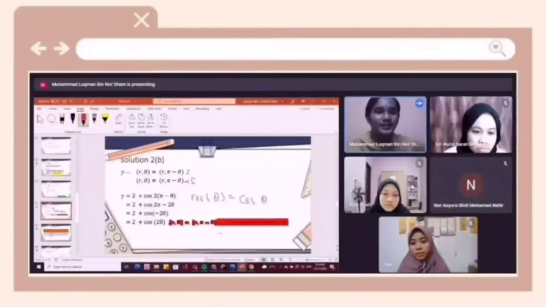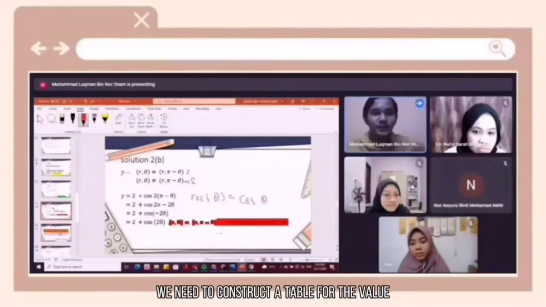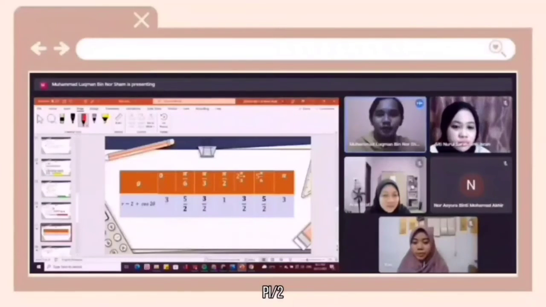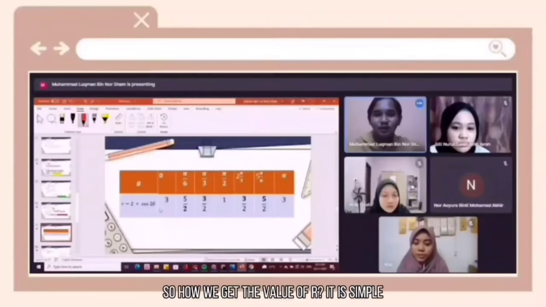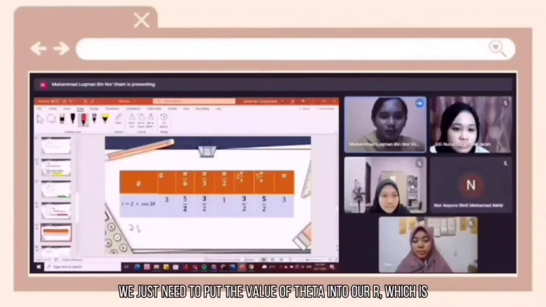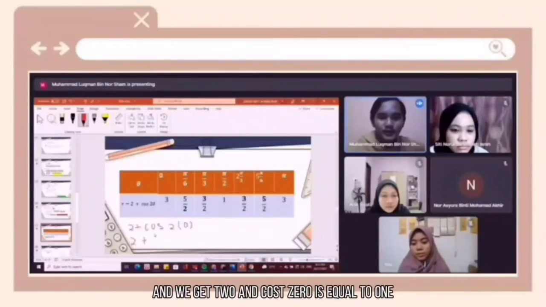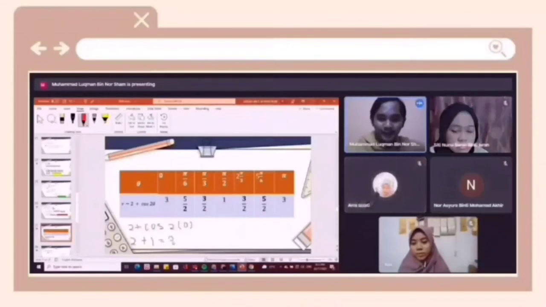Next, for the question, we need to construct a table of values. First, we list all the theta values: 0, pi over 6, pi over 3, pi over 2, 2 pi over 3, 5 pi over 6, and last is pi. So how do we get the value of r? It's simple. We just put the value of theta into our r, which is 2 plus cos 2 theta. For example, for theta equals 0, we get 2 plus cos 0, and cos 0 is equal to 1, therefore we get 3.